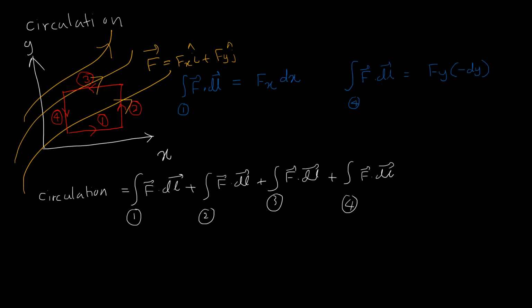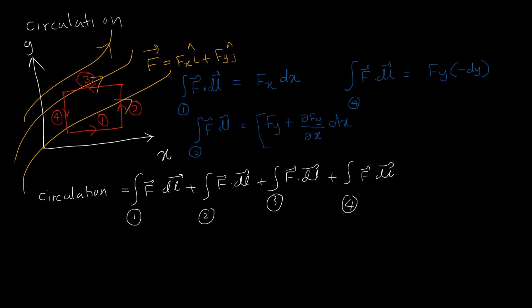So the line integral along path 2 will only involve the y component that is changing along that path: Fy plus how much our y component of the vector field changes with respect to x, that is ∂Fy/∂x, times how much our x has changed, dx.